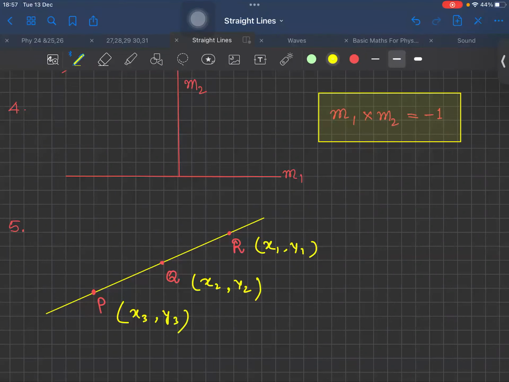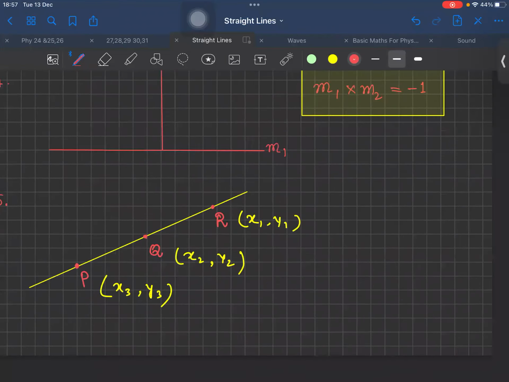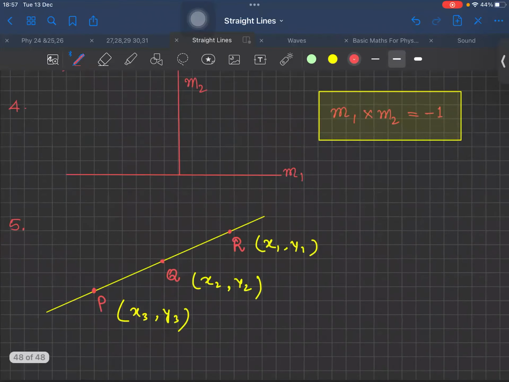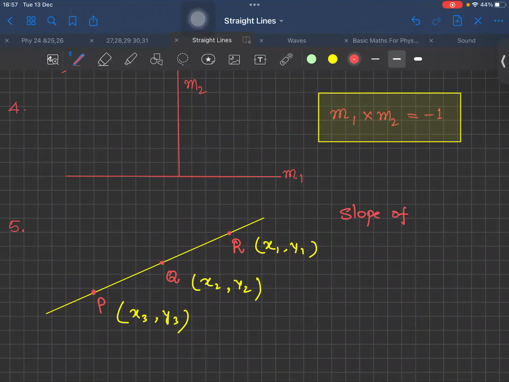If these 3 points are collinear, that means their slope must be the same, right? So slope of PQ should be equal to slope of PR, and that should be equal to slope of QR. If the slopes are equal, that means these points are collinear.